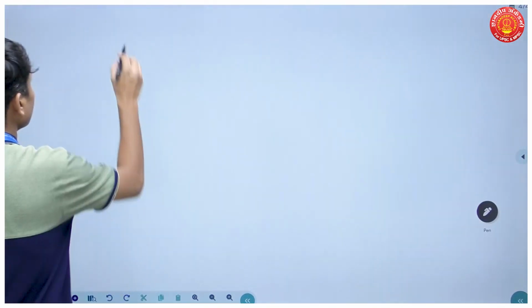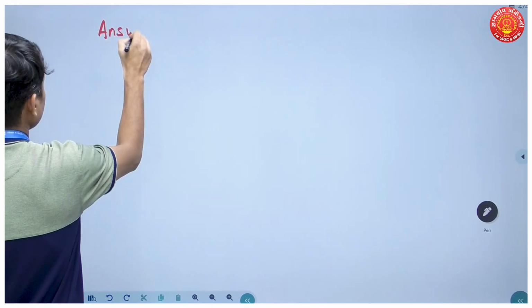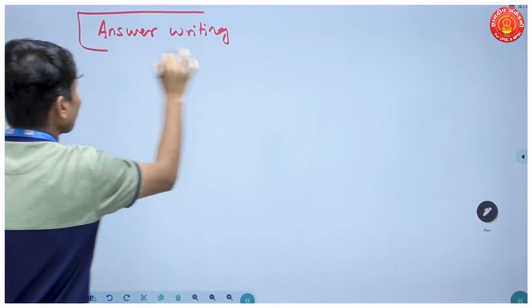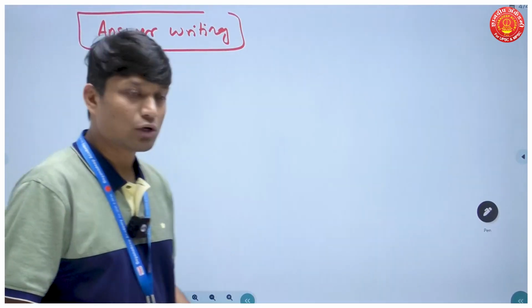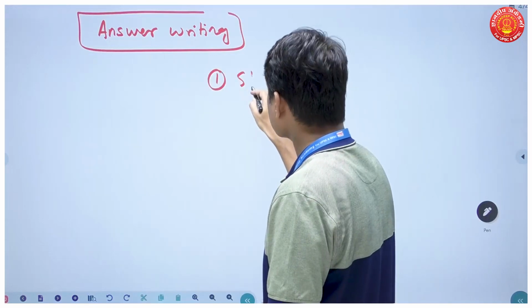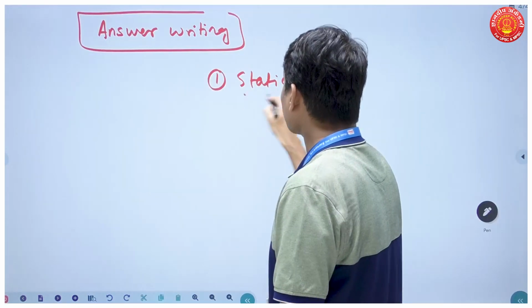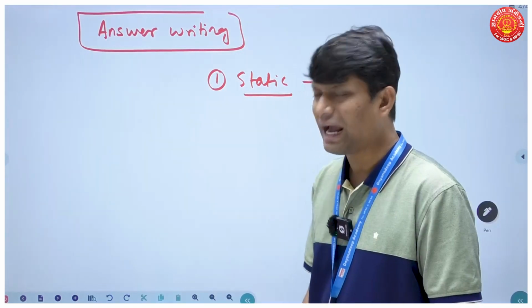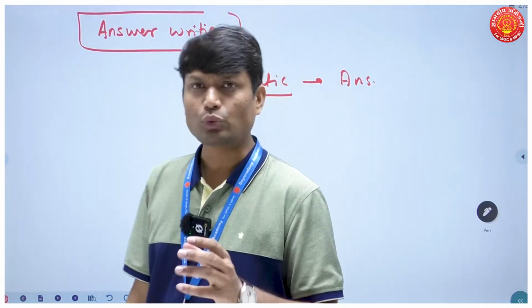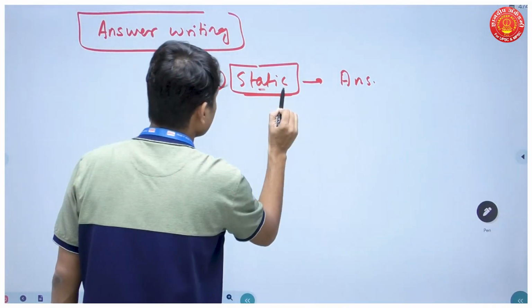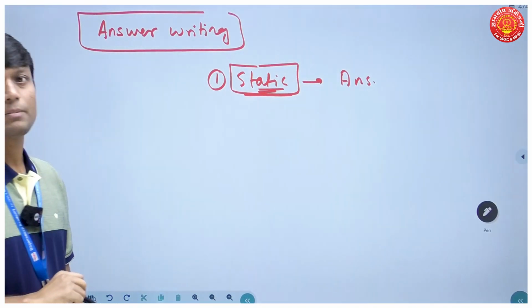Other than that, there is one more part of value addition, that will be answer writing. Now when I say there can be value addition in answer writing also, what do I mean? Whatever static preparation I have already done, I can write answers based on that. Most of the candidates are going to write their answers around this static part.